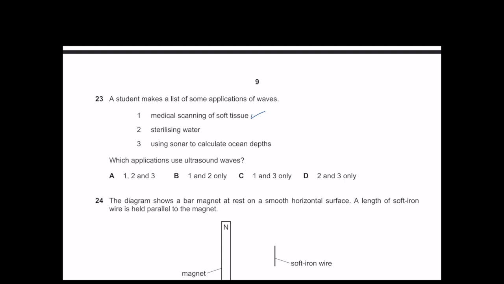Using sonar to calculate the ocean depth, yes, we can use it because the speed is very high in water, so the wave can go and come back, so we can find the time. Using the speed, we can find the depth. So also 3. So I'm going to choose 1 and 3, where 2 is wrong. So I'm going to choose C in this question.